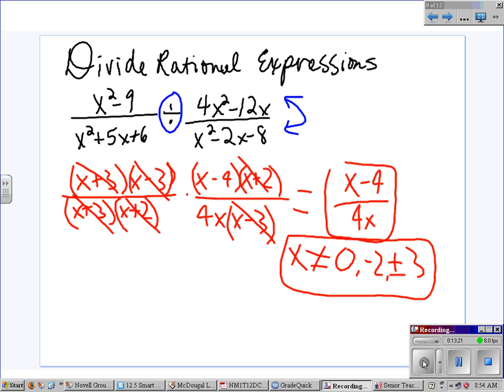This one had a lot of factors that canceled out, and we were left with x minus 4 over 4x. Please note you had to look back at your factors to determine that x is not 0, it's not -2, and it cannot be plus minus 3. Those all come back from the original factors here. We did have a monomial factor, x, down there. That 4 times x is the monomial factor. Any questions there?